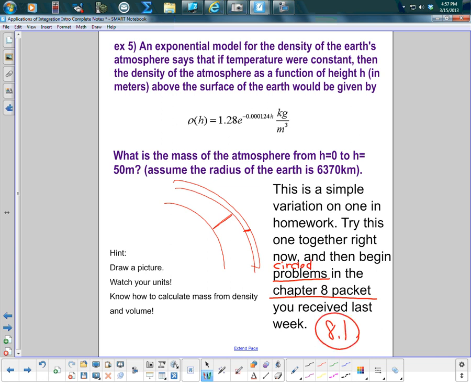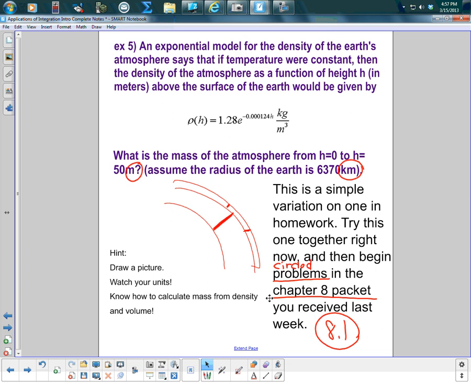So take a look at those problems in 8.1, but start with this one. It's just a slight variation on one of them that's in there, but I would recommend that you draw a picture and watch your units, because they mix: you're looking at the height of the atmosphere from 0 to 50 meters, whereas you're given the radius of the Earth in kilometers. So you have to watch your units.